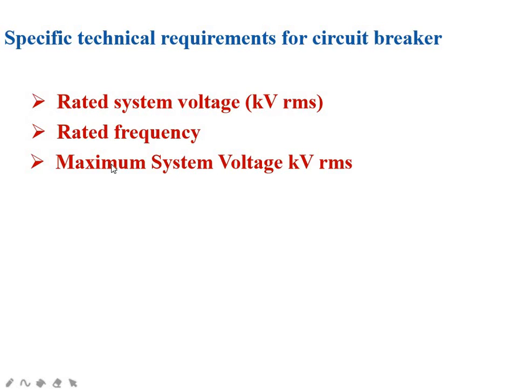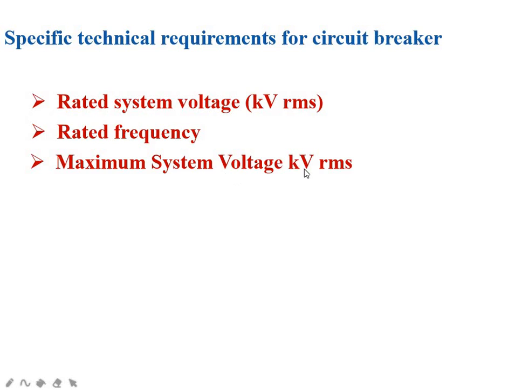So for that purpose, the maximum system voltage is generally considered 10 to 12% above the rated system voltage. For example, if your rated system voltage is say 220 kV RMS, then the maximum system voltage will be 245 kV RMS.